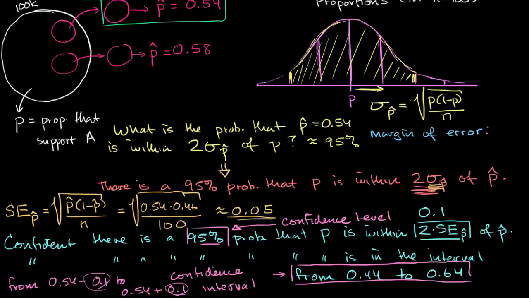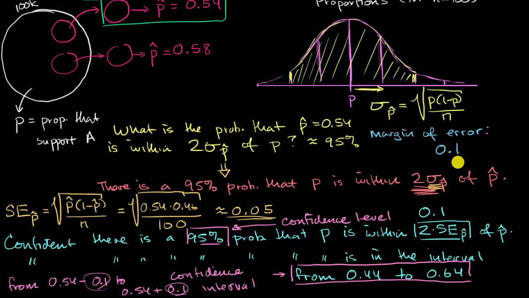So our margin of error in this circumstance is 0.1. And so you will actually see this reported in newspapers. You'll say such and such pollsters did a poll, they sampled 100 people, 54% of those people said that they would vote for candidate A, and there is a 10% margin of error in this scenario.